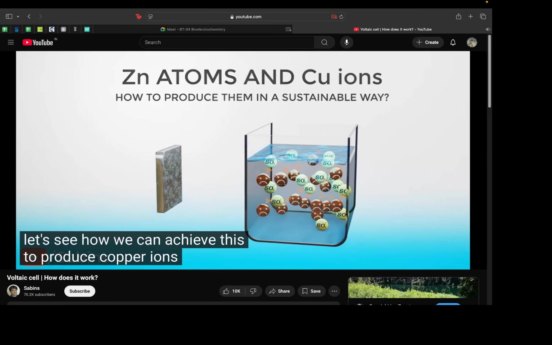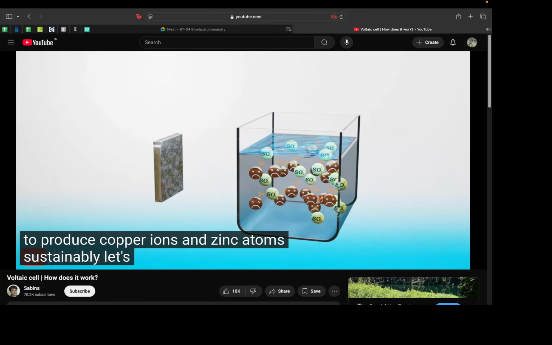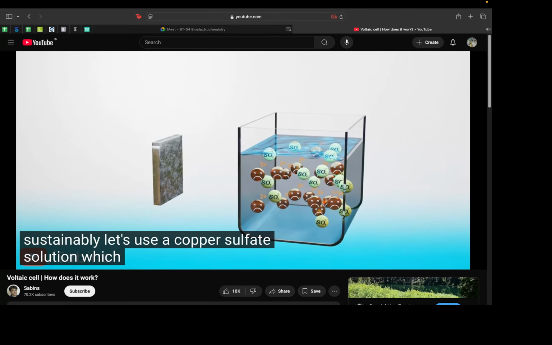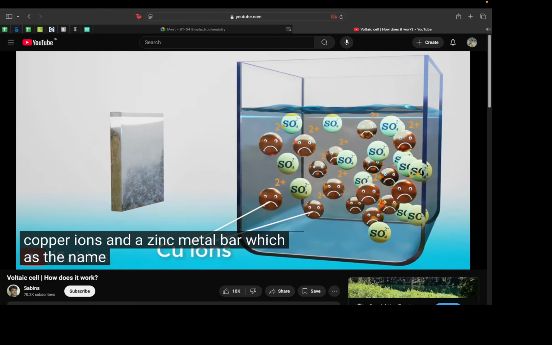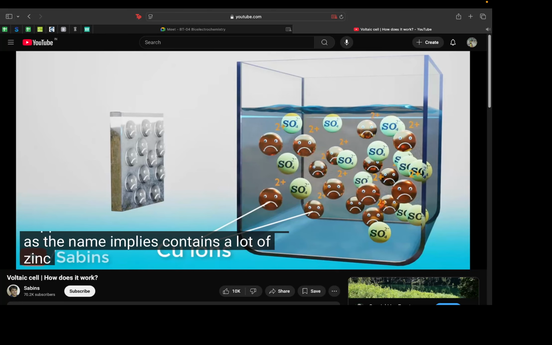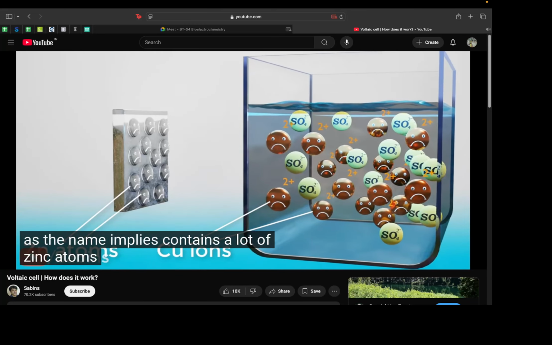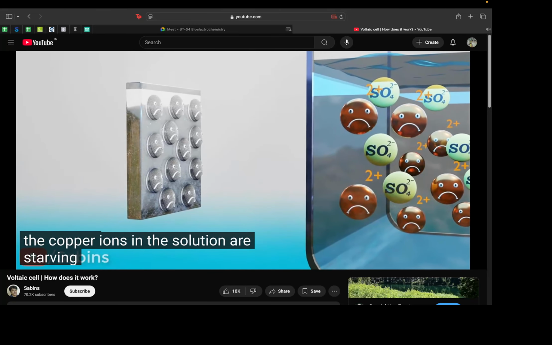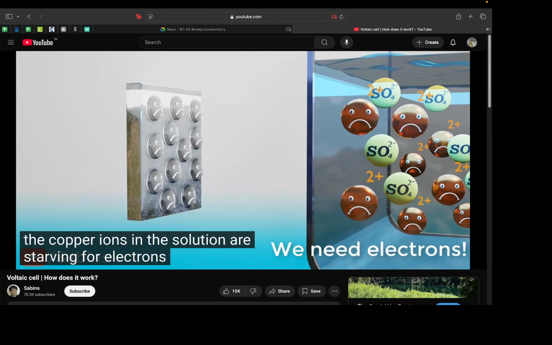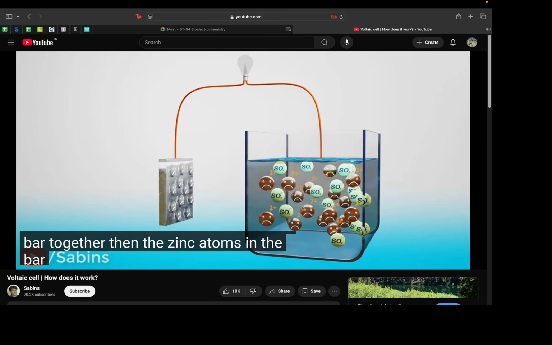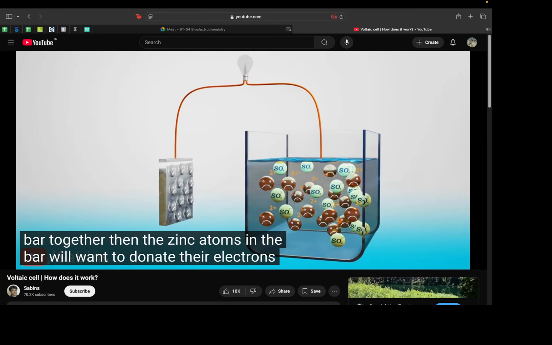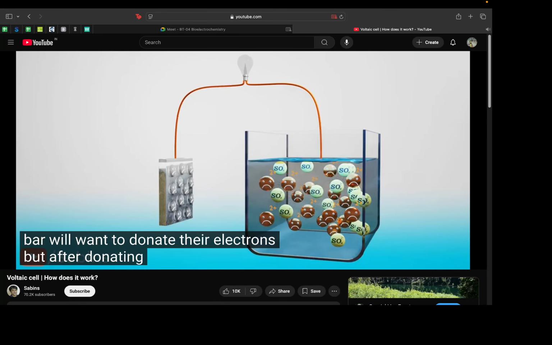To produce copper ions and zinc atoms sustainably, let's use a copper sulfate solution, which is composed of numerous copper ions, and a zinc metal bar, which, as the name implies, contains a lot of zinc atoms. The copper ions in the solution are starving for electrons. If we connect the solution and the metal bar together, then the zinc atoms in the bar will want to donate their electrons. But after donating, the zinc is transformed into ions, and ions cannot stay in a metal.